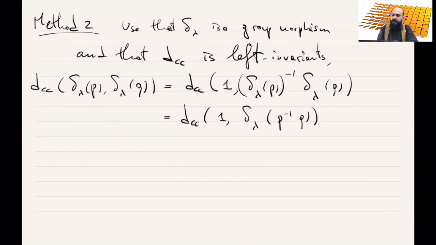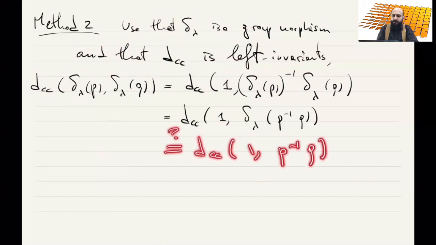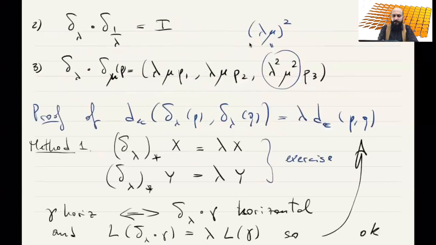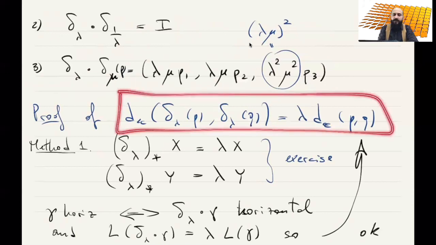So now this means that, of course, I can also do the same thing without the delta. And then what I'm left to prove is that this is equal to DCC of 1 and P minus 1 Q, which means that in the equation we have to prove, we can assume that one of the two points is the identity. Remember the identity in the group is the origin, 0, 0, 0.